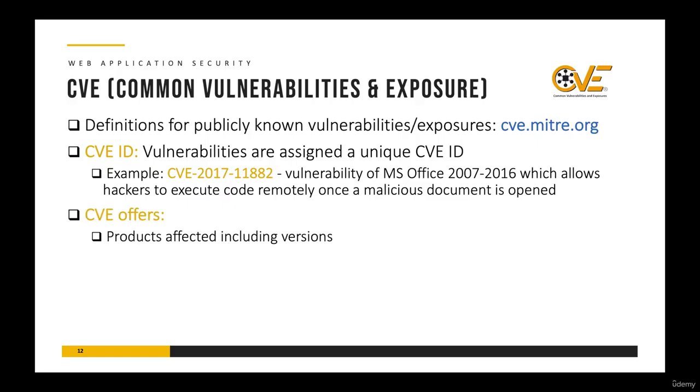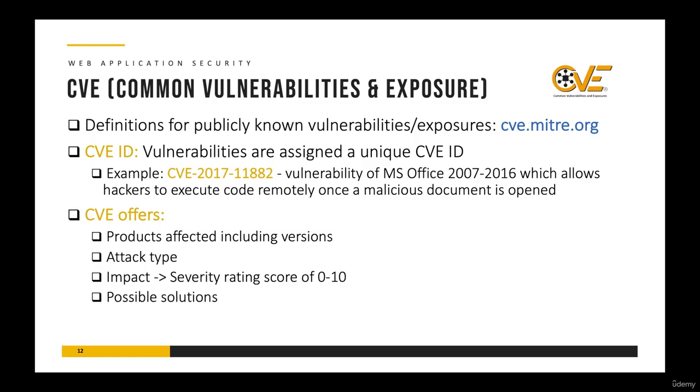CVE offers several interesting things. First of all, it specifically identifies the products which are affected and the versions. They also highlight the attack type which can be expected, and they assign the possible impact based on a severity rating score. Sometimes the possible solutions are also listed.